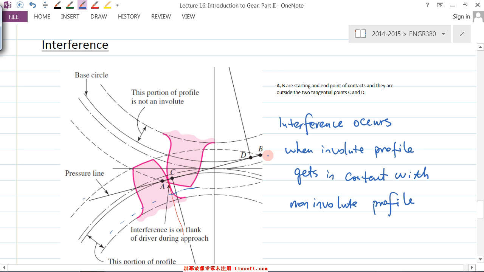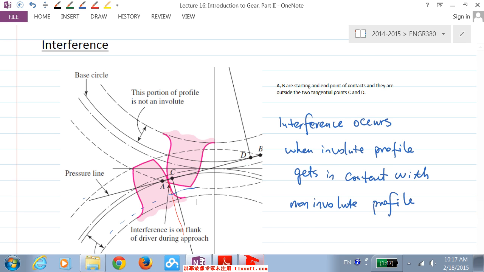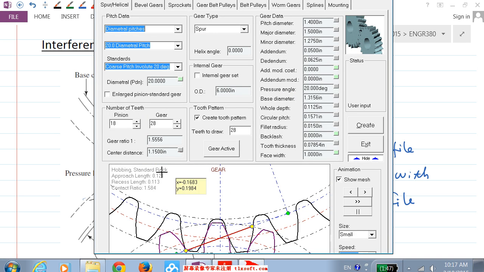If either of these points is outside the two tangential points C and D, then interference will happen. Mathematically you can prove that, but it's a bit too much. But I can use this to show you.